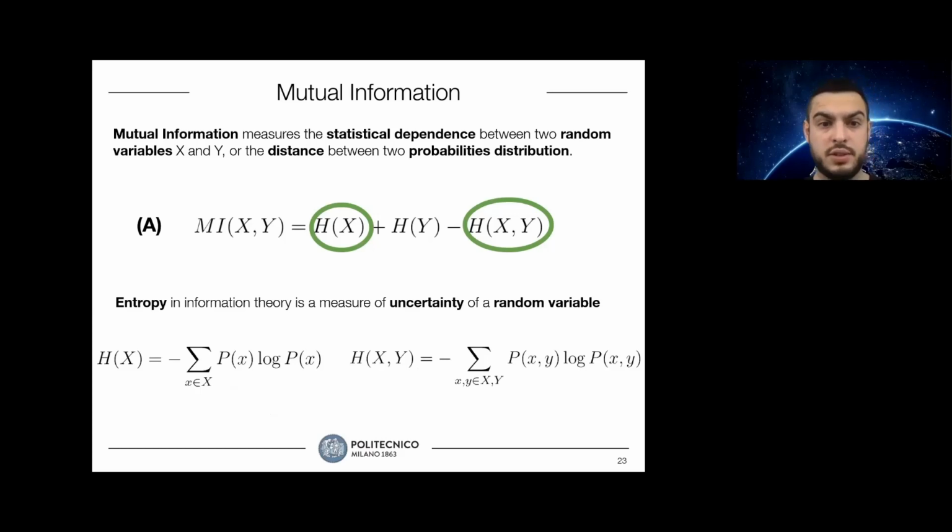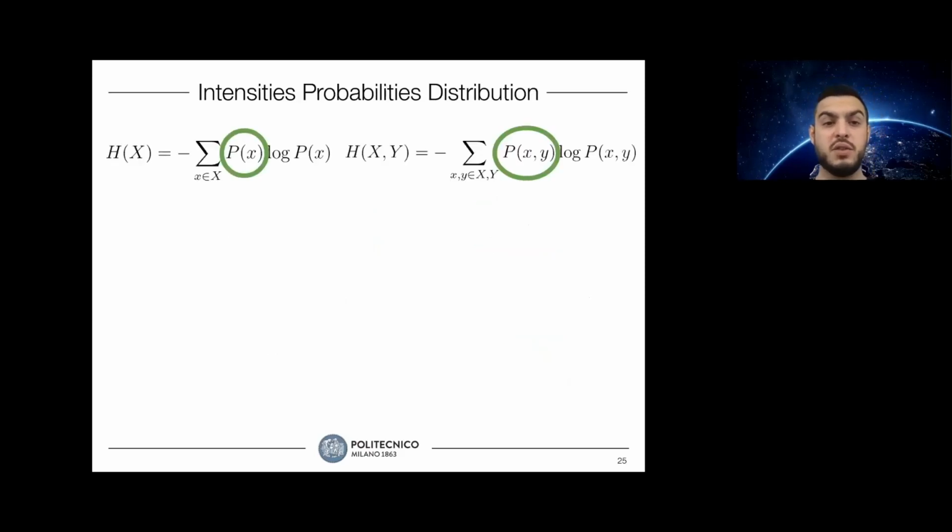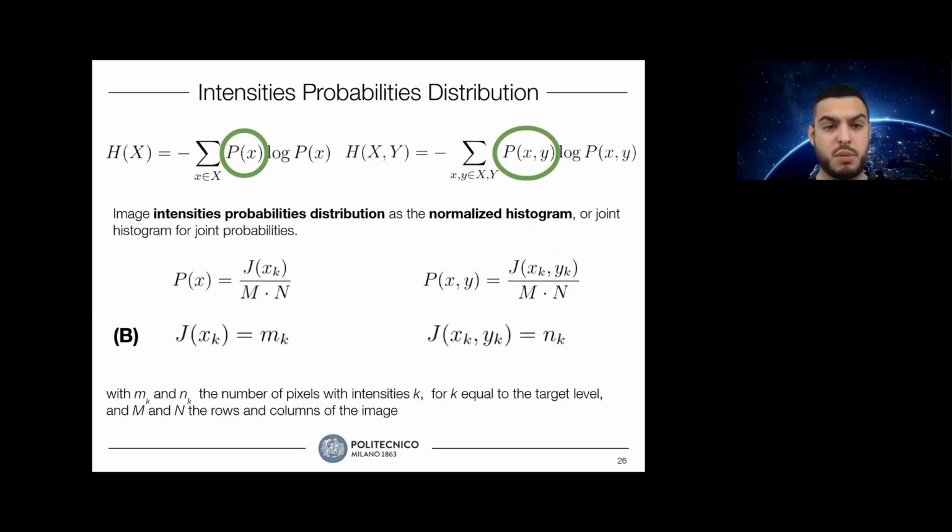In turn, entropy is defined as the measure of uncertainty of a random variable, and it requires the computation of probability distribution of our variables. Based on this formula, the probabilities are computed starting from the histograms of the images that represent the intensity distributions of each image.